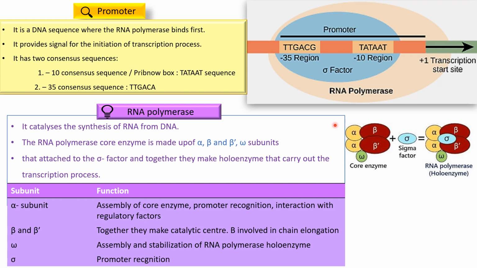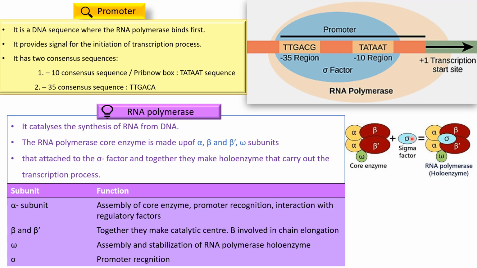The RNA polymerase core enzyme is made up of 4 different subunits: alpha, beta, beta dash and omega. Basically, the core enzyme is made up of 2 alpha subunits, 1 beta, 1 beta dash and 1 omega subunit. This core enzyme is non-functional.